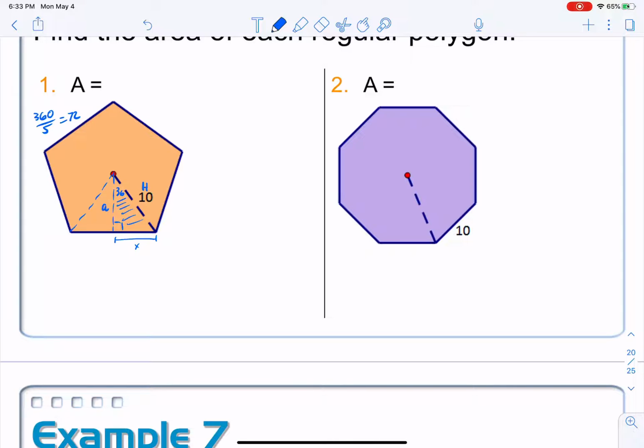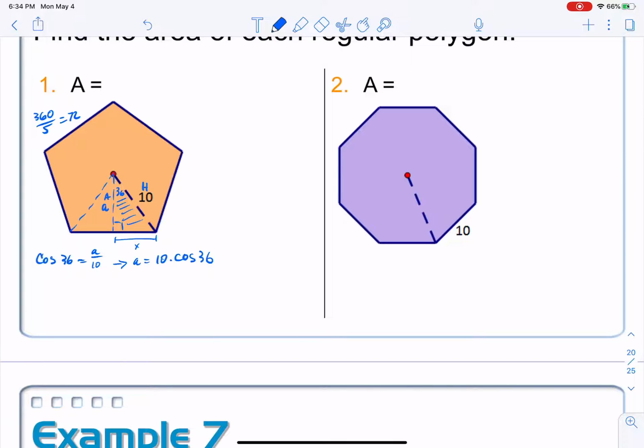Let's find it a piece at a time. The A here is the adjacent side, and I'm going to use cosine. Cosine of 36 is equal to my adjacent side over my hypotenuse, which is 10. Just multiply the 10 over. My apothem is 10 times the cosine of 36. I wonder if you could develop a formula for this in terms of sines and cosines. Probably.